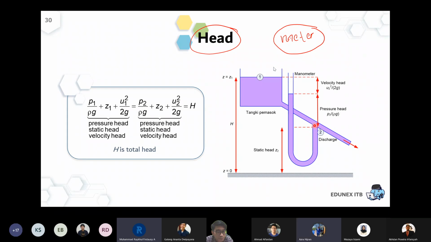Will they have different pressure, sir? Yeah, they have different pressure because there is a pressure difference between the two legs of the manometer. Because one is at the open air and one is not, sir.